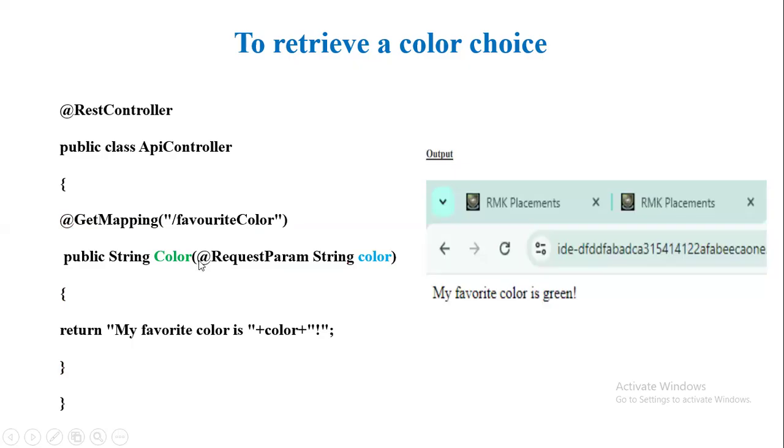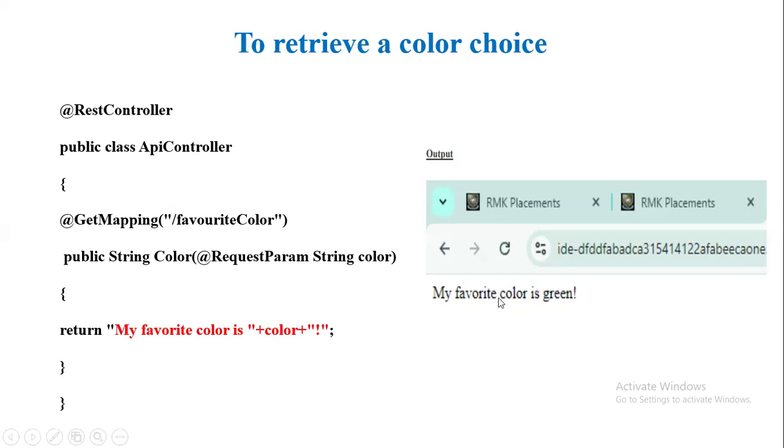Here the method parameter has the @RequestParam annotation. It searches the HTTP request for the value given by the user. That value is retrieved and assigned to the color method parameter, and then the method executes the statement "my favorite color is" followed by the color variable, and whatever value is assigned is printed here.